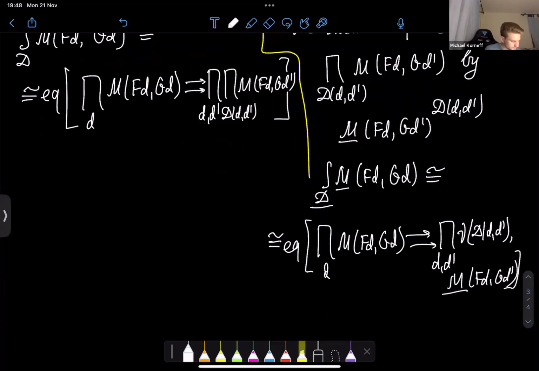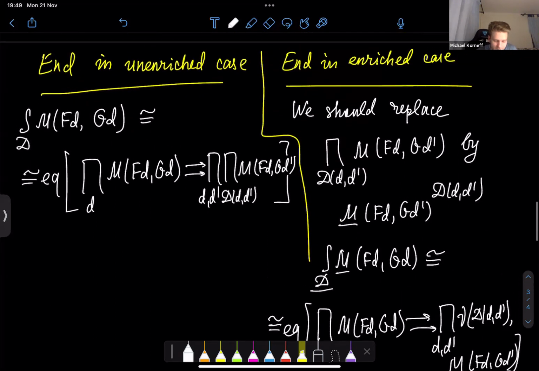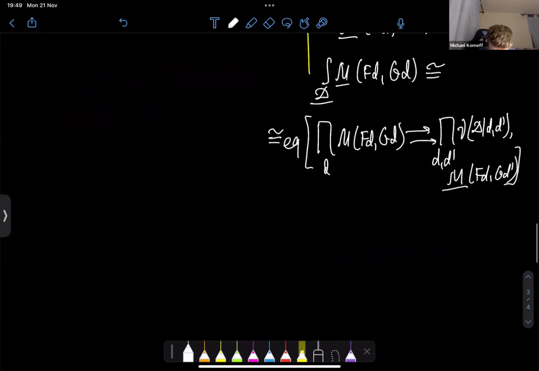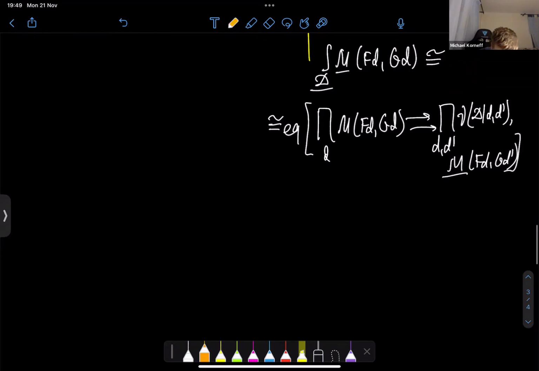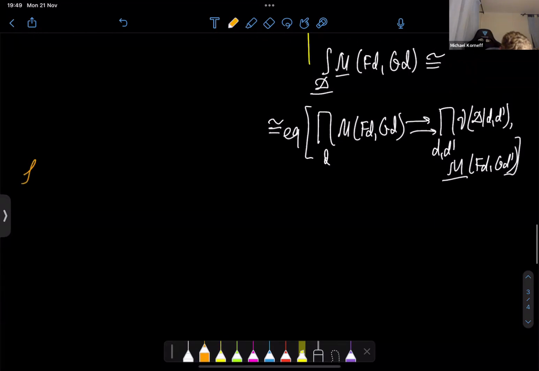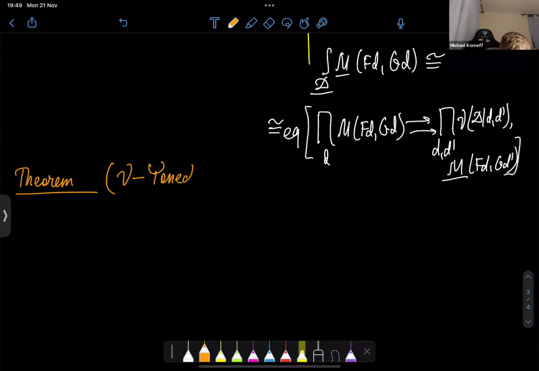Okay, and of course, in the enriched case, we also have the V-unit lemma as in the unenriched case. V-unit lemma.